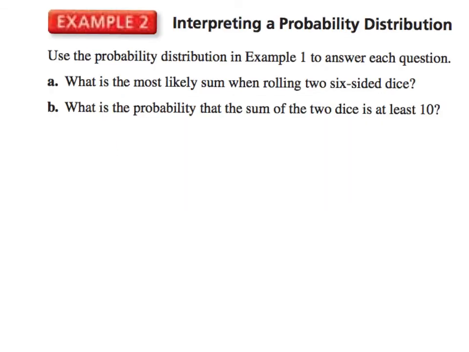So now we're going to use the probability distribution in example 1 to answer each question. If you look at A, what is the most likely sum when rolling two dice? Well, we use our table. As you can see, the probability is greatest when the sum is 7.